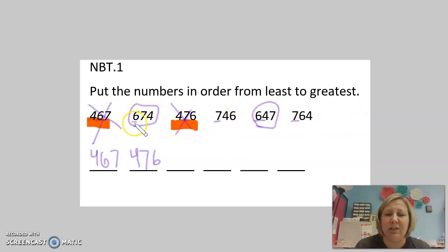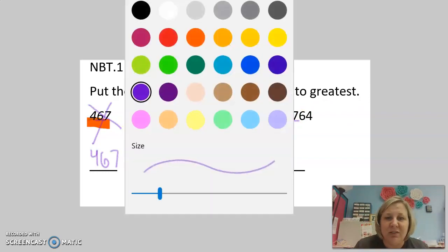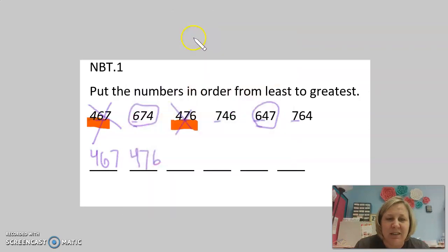So now I'm going to look at the two 600s. I see 674. So in the tens place, 70. What's this tens? 40. Which one is less? 70 or 40? That's right, the 40.